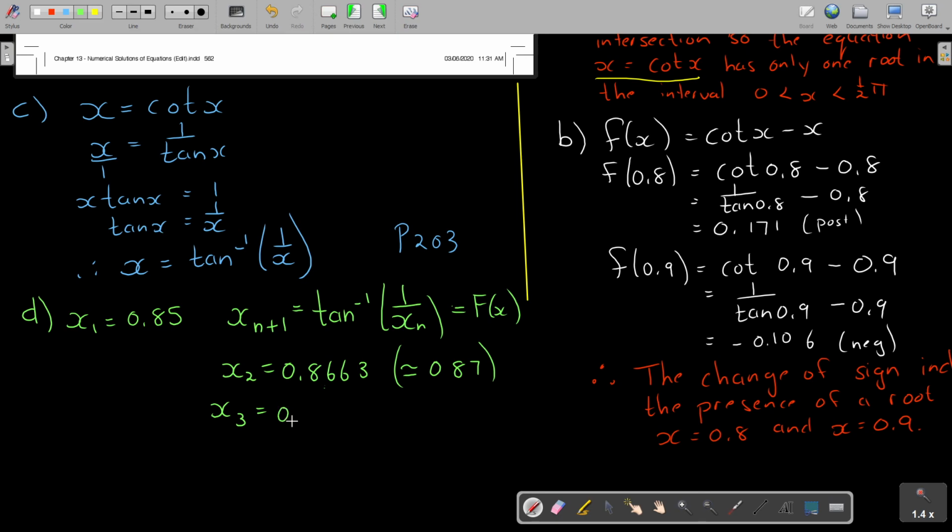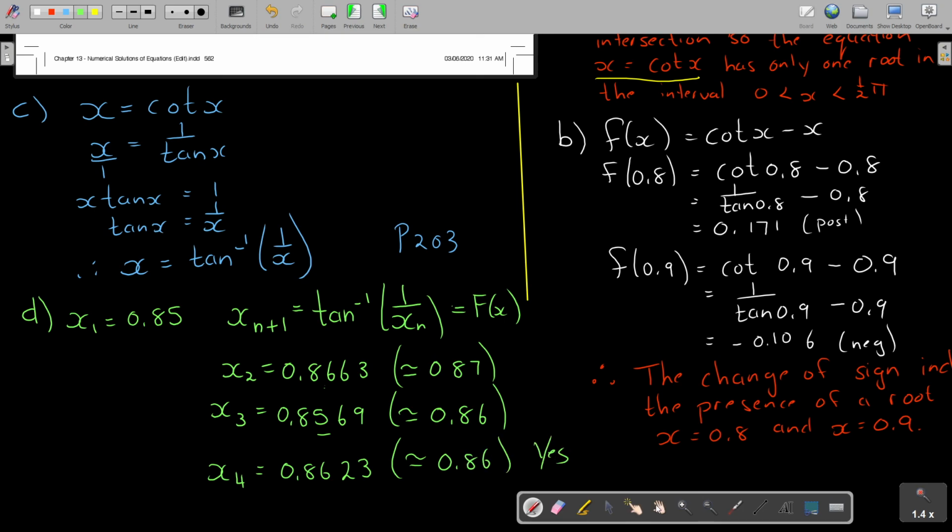And now I get 0.8569. And again, it's 0.86. And then I press equal again. And then it's 0.8623. And then it's again 0.86. Oh, there, it's the same. Yes, it's the same. Okay.